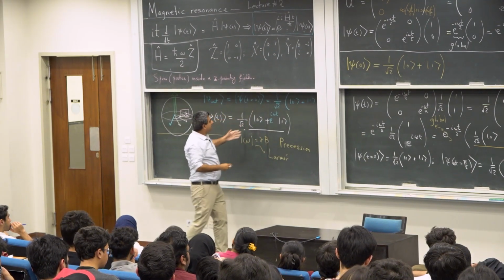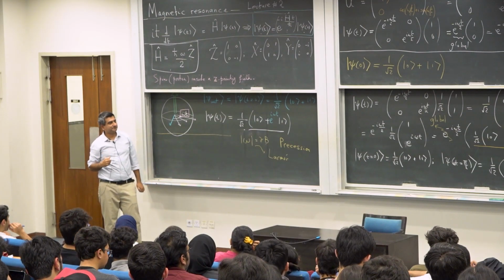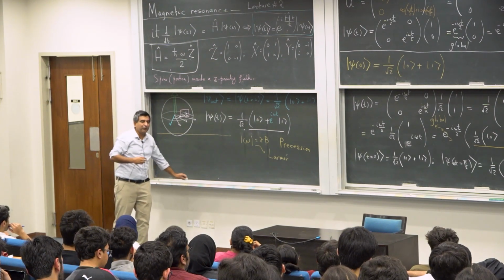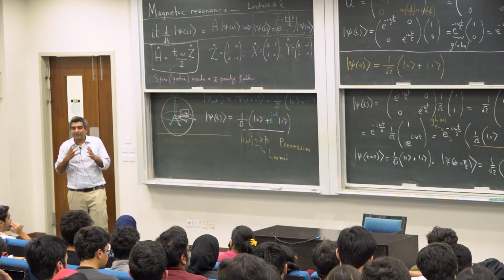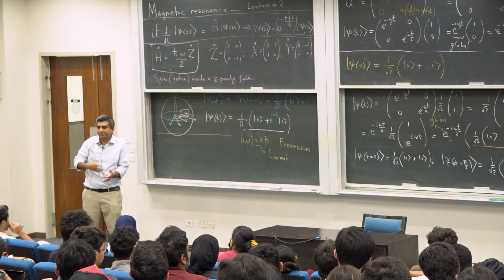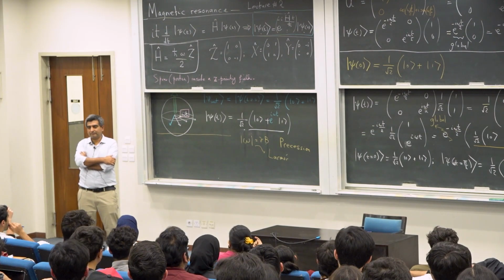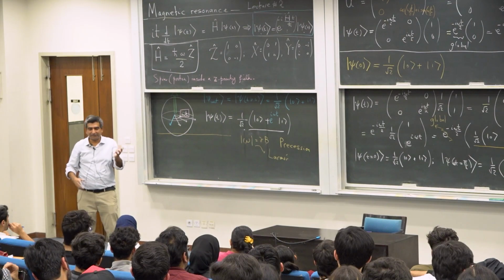Now if you look at the Bloch picture, this looks like a rotation. It's really looking like a rotation. Now when you rotate something, how do you define a rotation? What do you need to specify a rotation? First, you need an axis of rotation.